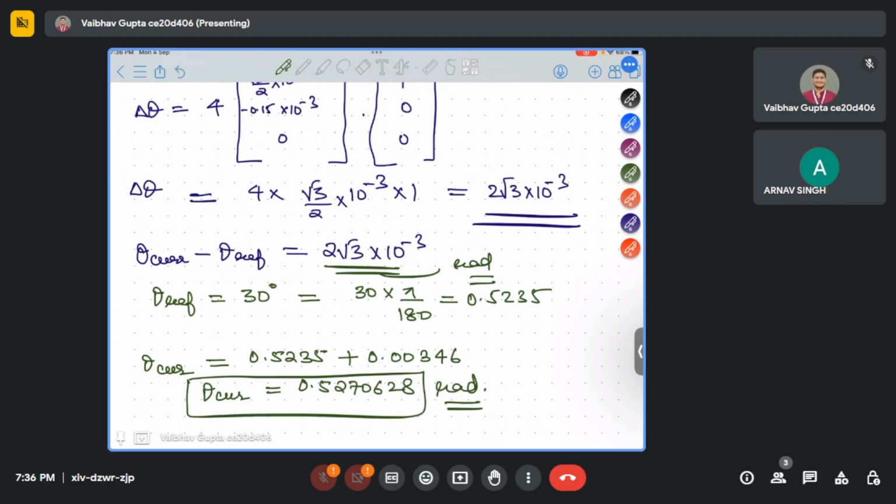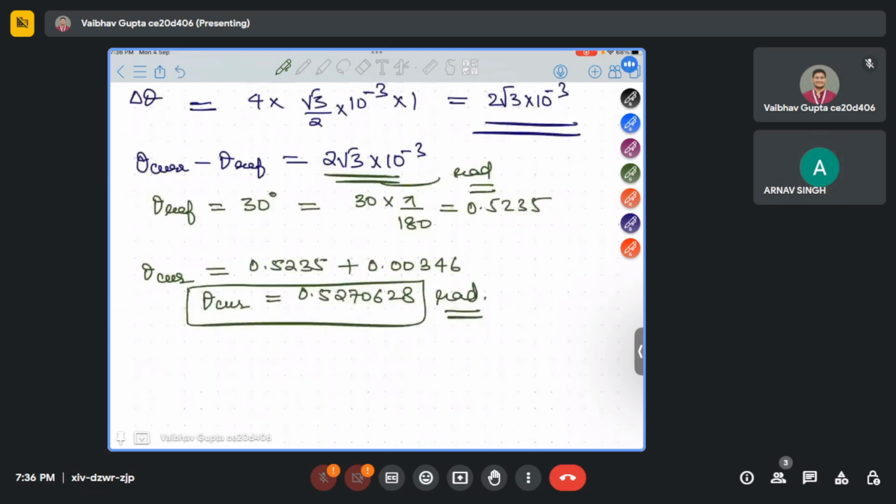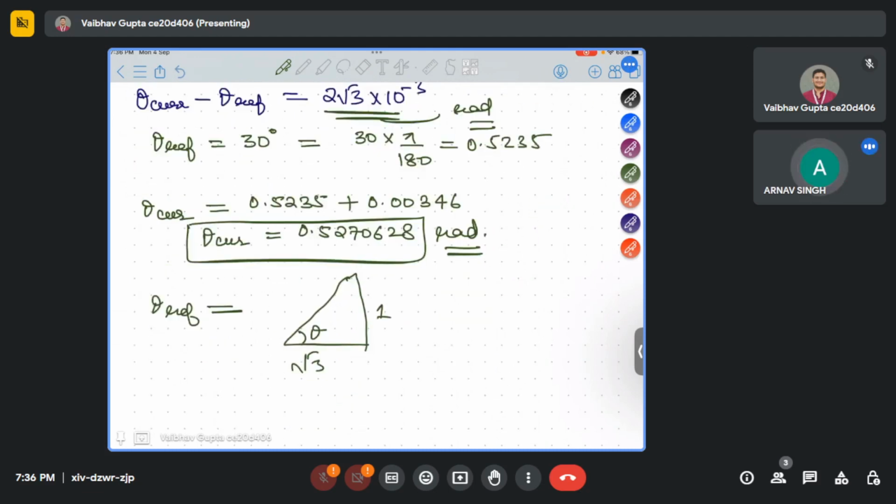Got it. Now in the assignment question, they have asked you in terms of ratio. See, theta reference is given to you like this, root 3 is to 1, in this question.